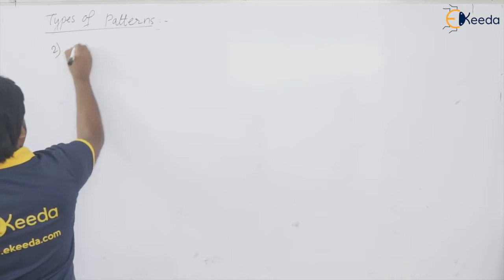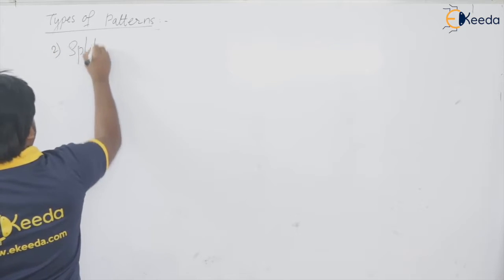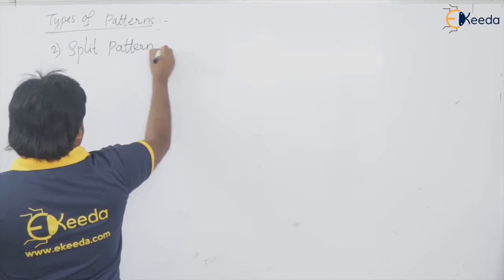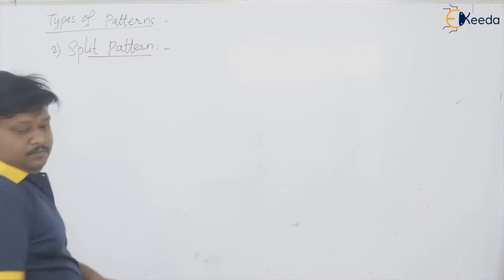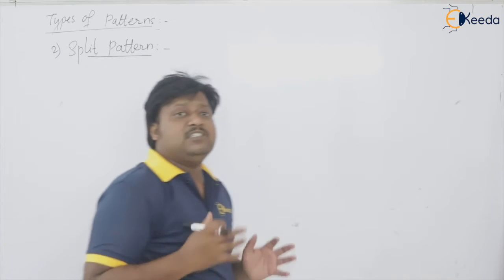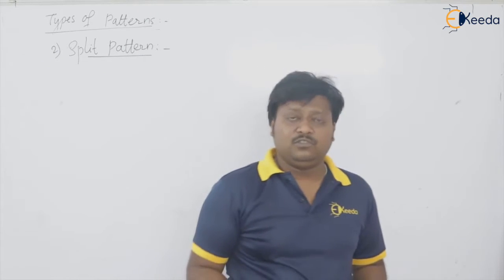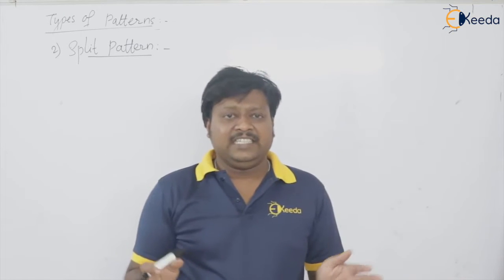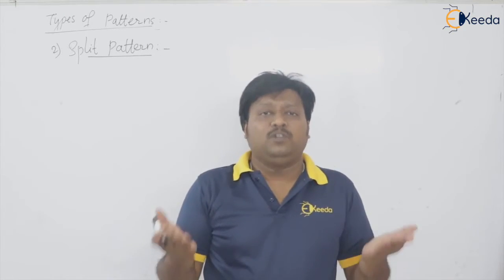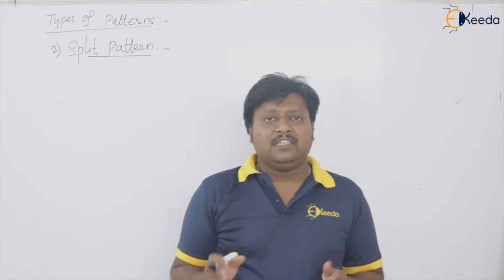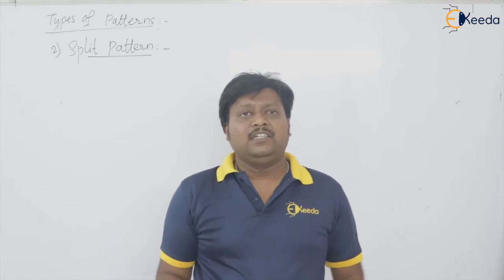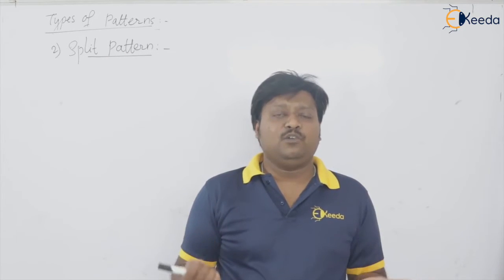The second pattern we are having is the split pattern. Where are these split patterns used? Whenever there is a difficulty in the withdrawal of the pattern from the mold, or whenever the depth of the pattern is very high, there are definitely withdrawal problems.